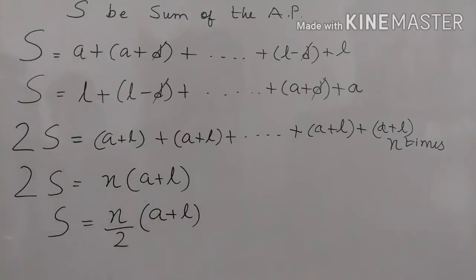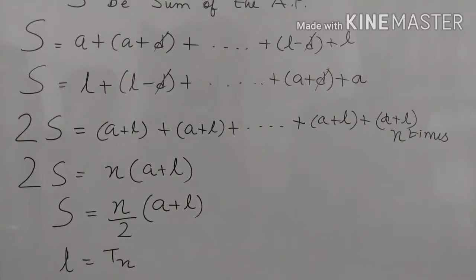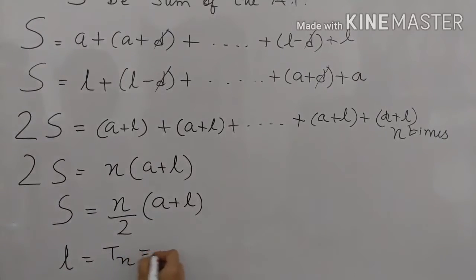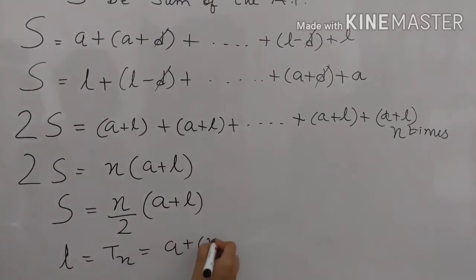Now L means the last term of an AP, that is Tn, the nth term. And what is the formula for the nth term? We have already studied it, students. That is a plus (n minus 1) into d.